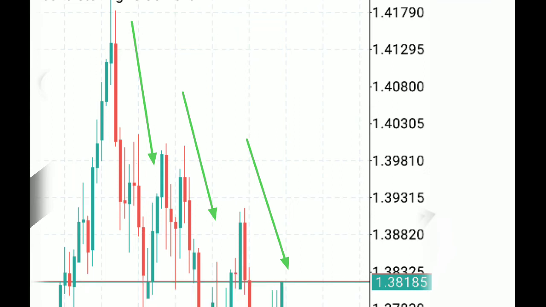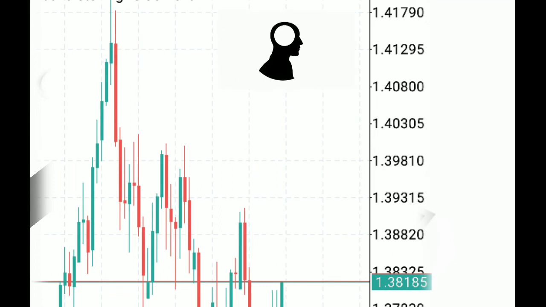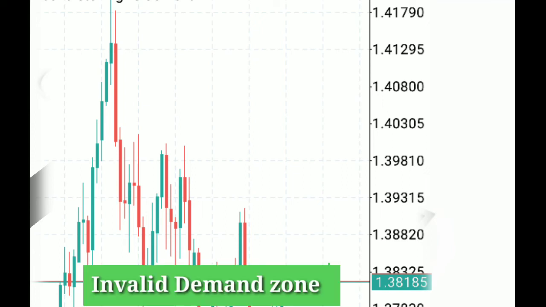Now, to conclude about buyers slowing down, how does it help our interest? Once a zone starts showing weakness, it means that zone is about to get broken. So the zone can be considered invalid. Do not place any buy trades at such zones where buyers are slowing down. It means that demand zone is no longer valid.